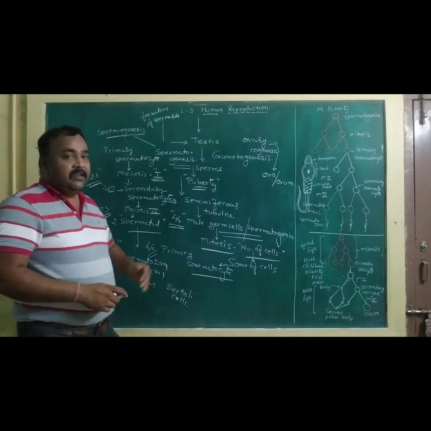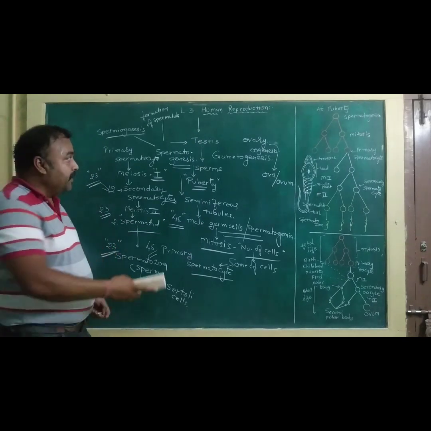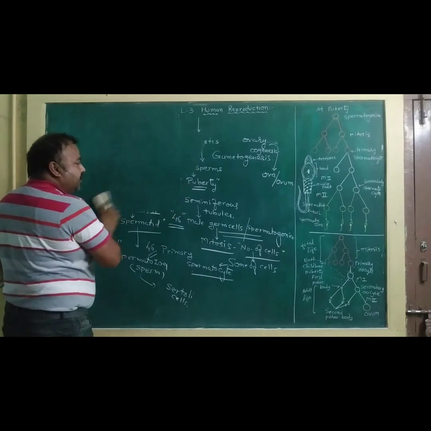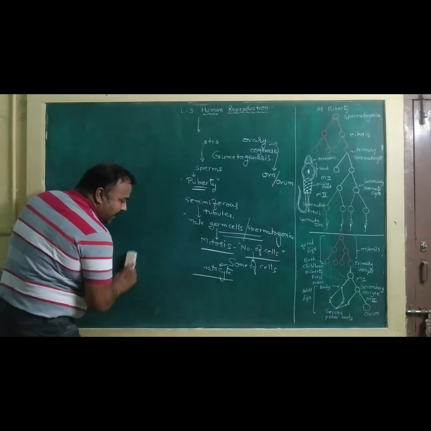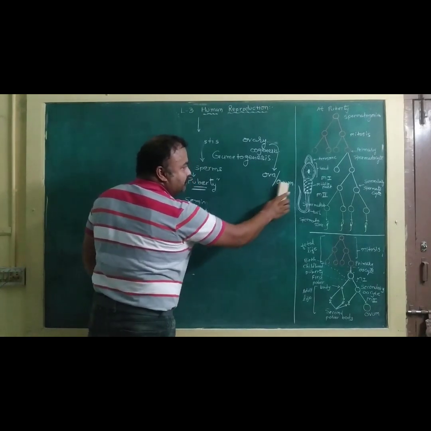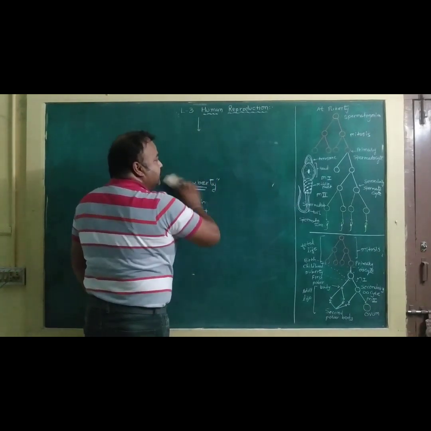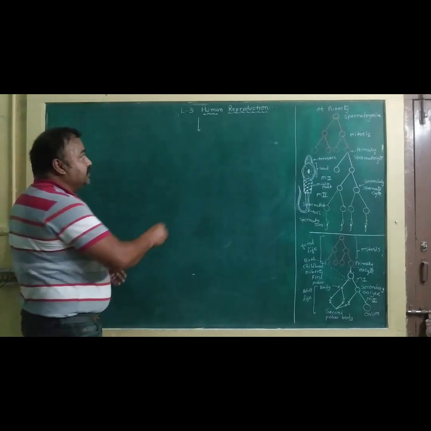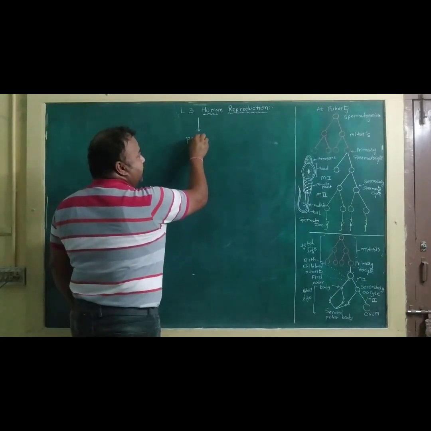So this was the production of sperms. Now we can have a question: when and how does the process of spermatogenesis take place? See, the process of spermatogenesis starts at the time of puberty.